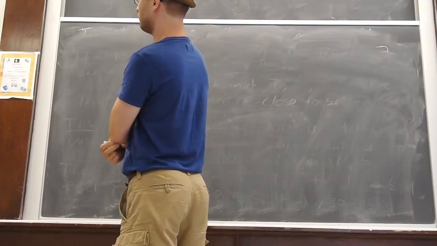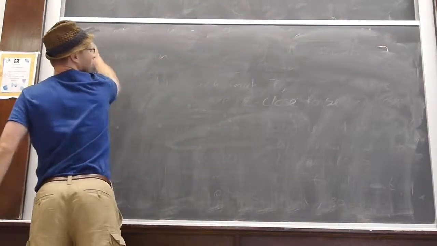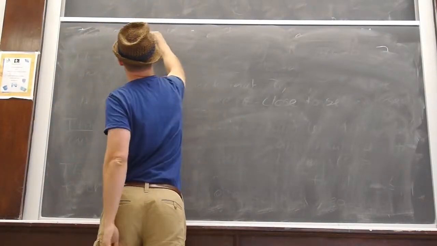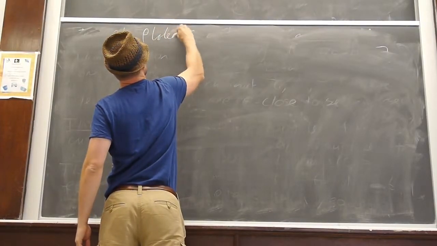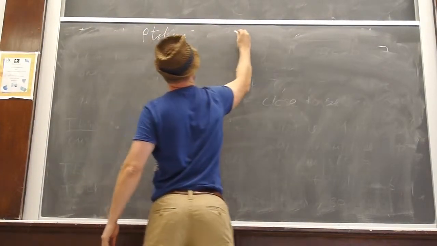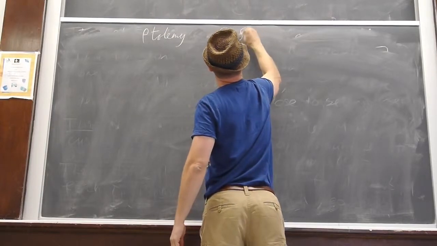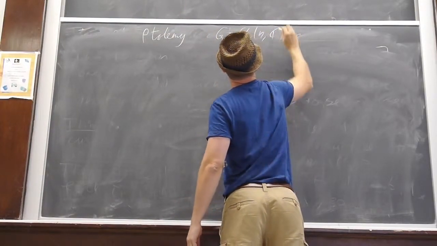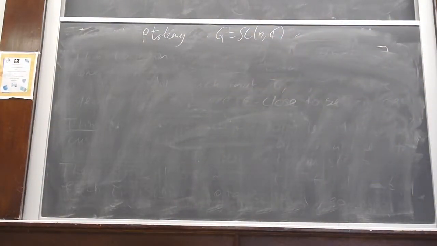All right. Okay. So there are two different worlds. One's Ptolemy, which is for the group SLNC. And in another world, we have Bloch equations. Just call it Bloch. This is PGLNC.